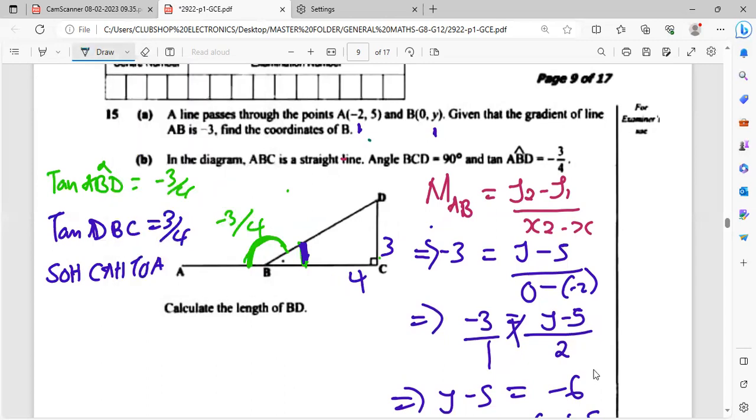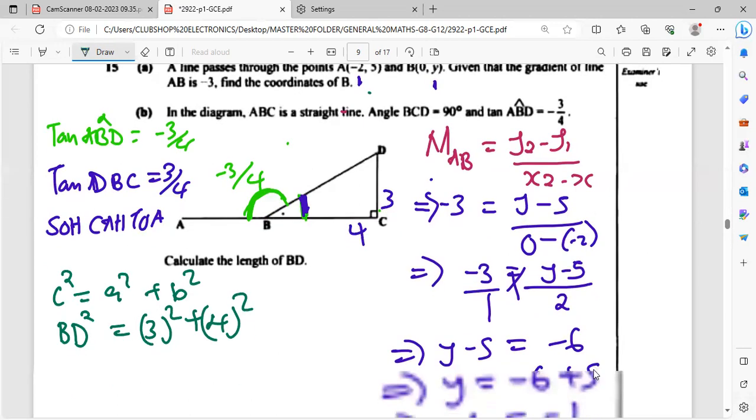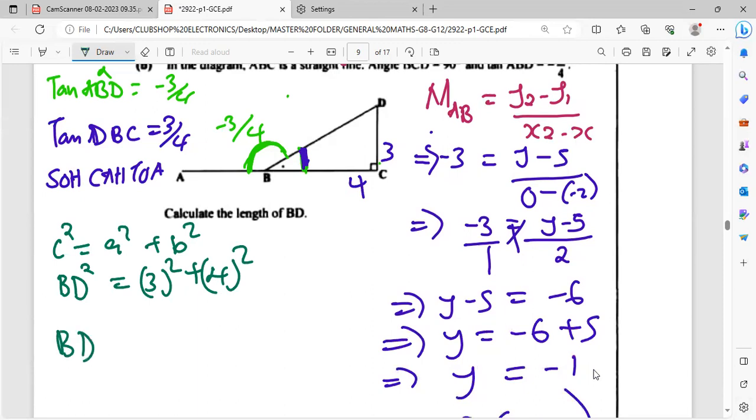Then the question is, calculate the length of BD, this one. So we are going to get that by applying the Pythagoras theorem. So this is BD squared. A and B can alternate, so you can say 3 squared plus 4 squared. BD squared is equal to 9 plus 16.